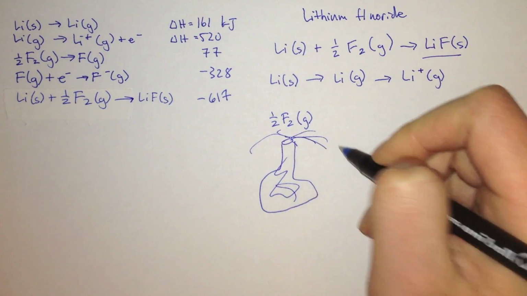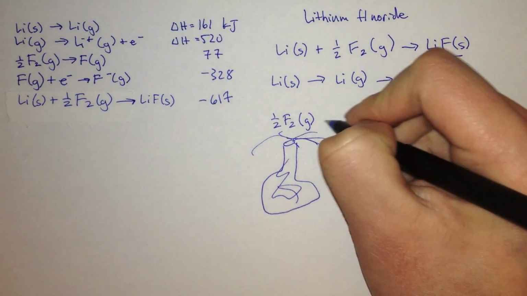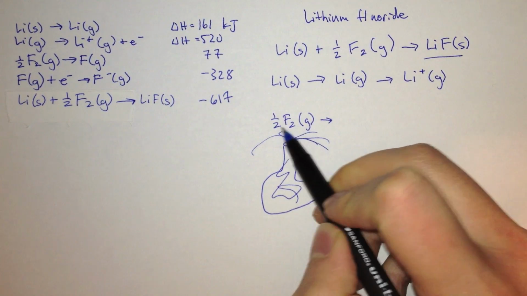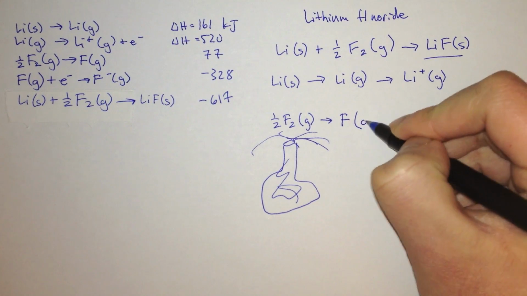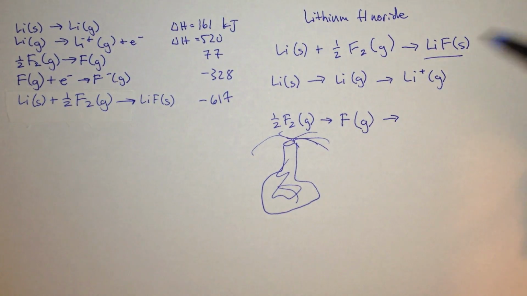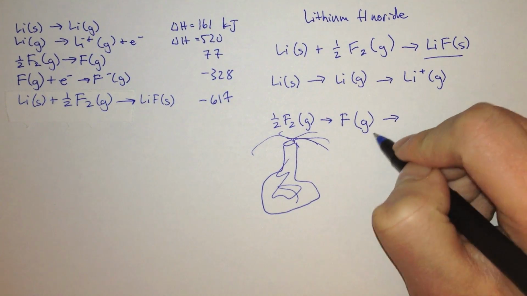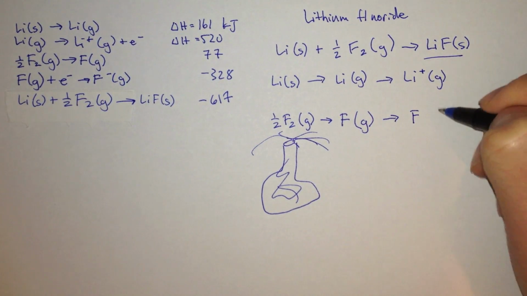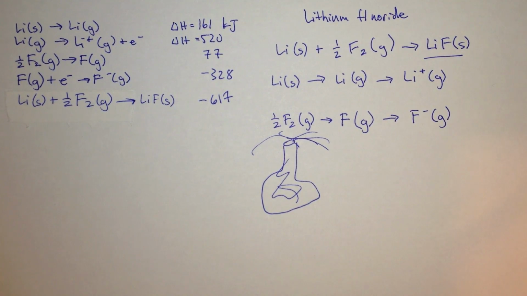And just like chlorine, if you let it out and start breathing it, it's not very good. So we are going to break the bond between the two fluorines so that we are left with just one. And then we take the gaseous fluorine, and we need to give it an electron. So it needs to become F minus.